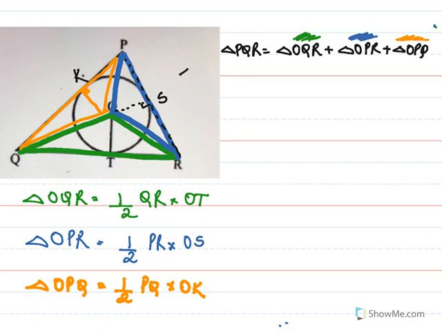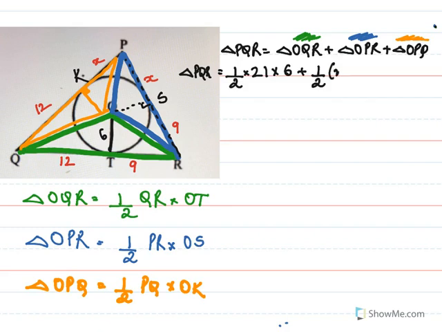So putting in the values, half the base for the green one is 21. The height we know is 6, which is the radius, plus half, the base in this case is x plus 9 into 6, plus the other one, the base is x plus 12 into 6.